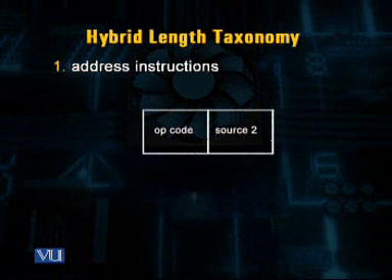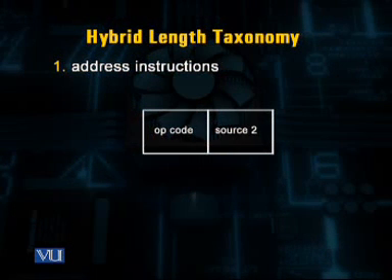The next, which is the fourth one in the series of the hybrid length instruction word format, is the 1-address instruction word. The 1-address instruction word is one where, following the opcode, only one field is defined, and this one field is the field of the source as well as the destination.